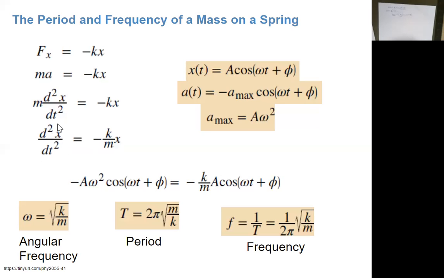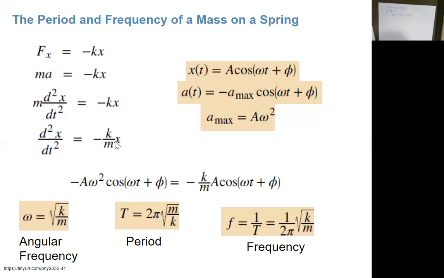The left-hand side will become minus A omega squared, because you are taking the double derivative. The first derivative gives you sine, and one more derivative gives you back cosine. But since you are taking the derivative of the expression inside the cosine or sine function twice, it becomes minus A omega squared.